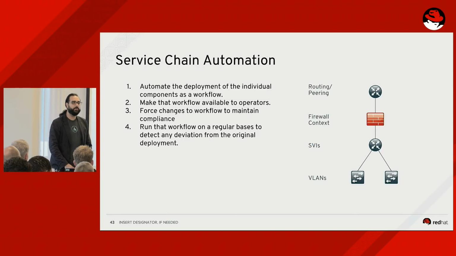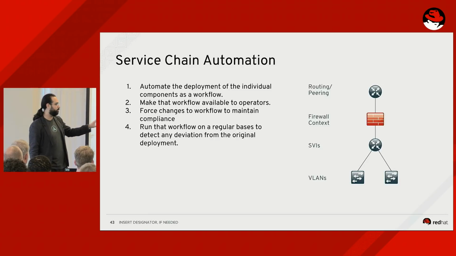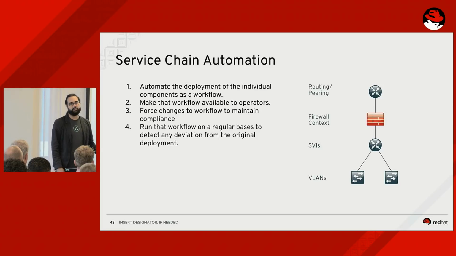Service chain automation is when I need to provision a new tenant. What is a tenant? What is the service that I want to deliver? So perhaps I have actions that are at the top of rack or at the virtual switch.